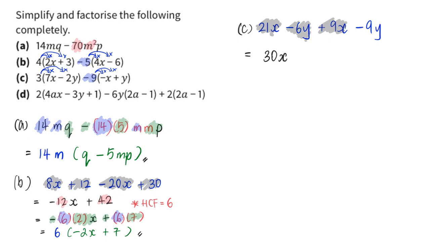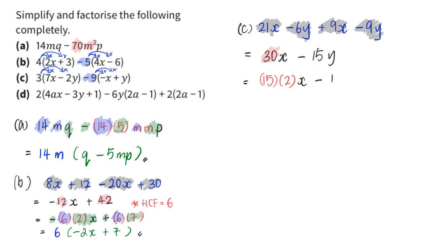After which, this will give me negative 15y. And do take note, 30 can be divided by 15, meaning 15 times 2 is 30.